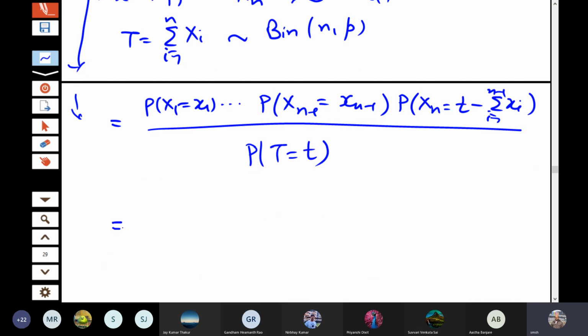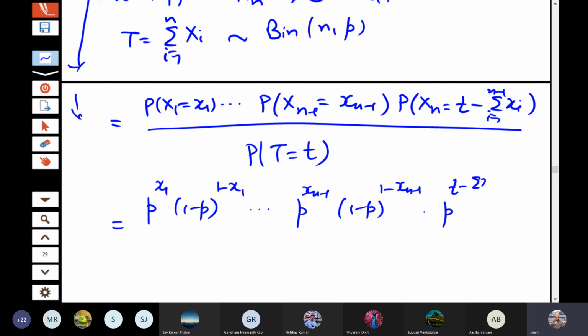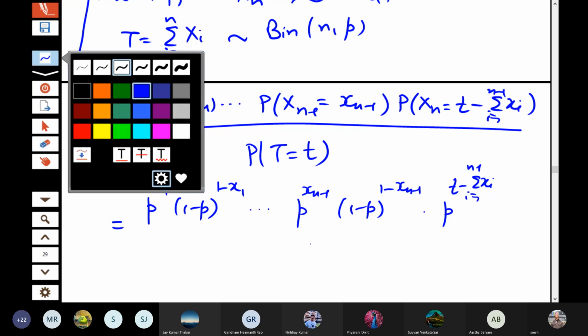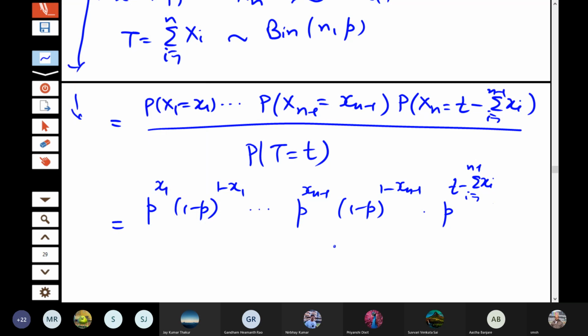So now just write down these values because these are Bernoulli. So this is p to the power x1, 1 minus p to the power 1 minus x1 and so on, p to the power xn minus 1, 1 minus p to the power 1 minus xn minus 1, p to the power t minus sigma xi, i is equal to 1 to n minus 1, 1 minus p to the power 1 minus t plus sigma xi, i is equal to 1 to n minus 1.